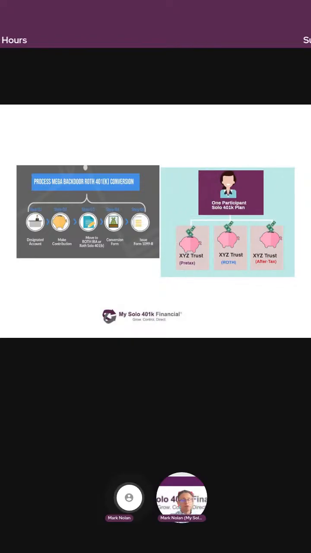Here's an example of a solo 401k plan that holds various sources. Keep in mind, a solo 401k is a defined contribution plan, thus it requires its own separate holding account for each participant.